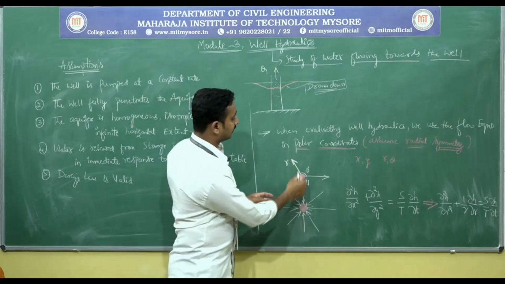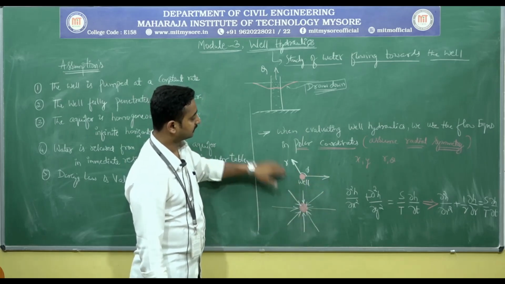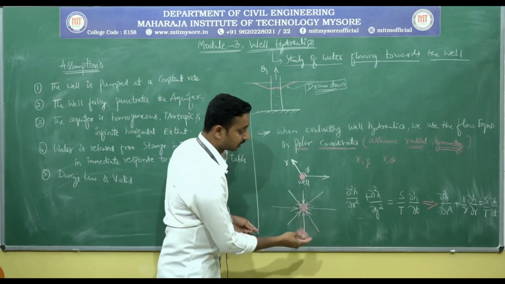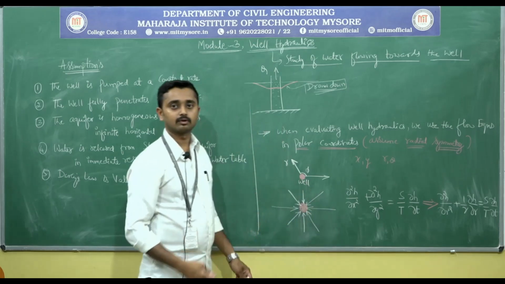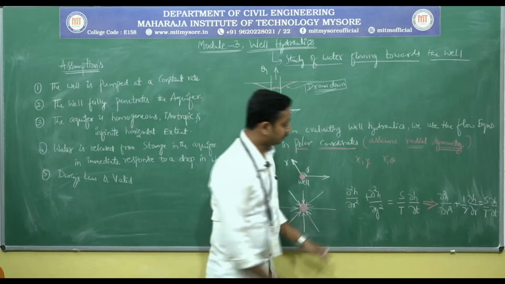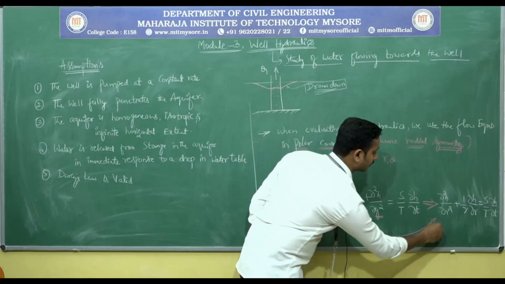This is the well, at some angle, and this is the radial direction r. Instead of Cartesian coordinates, we use polar coordinates.